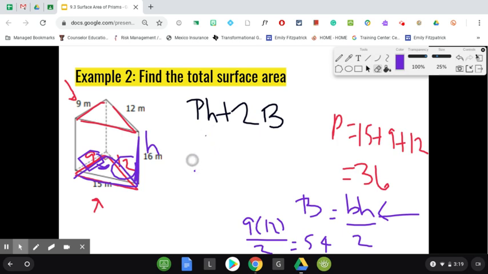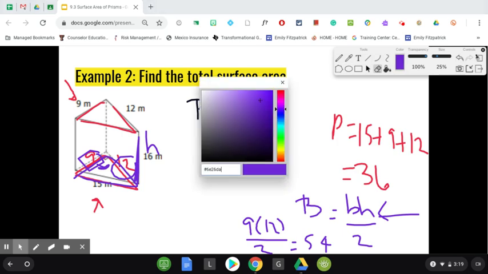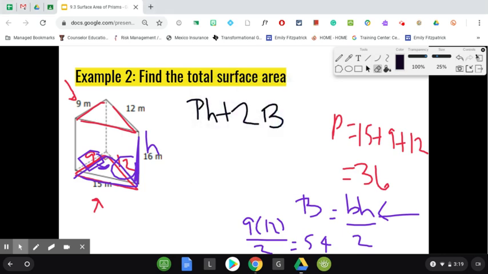So let's plug them in. So my perimeter is 36 times my height, which is 16, plus 2 times the area of the base, which was 54. I'm going to type that into my calculator.